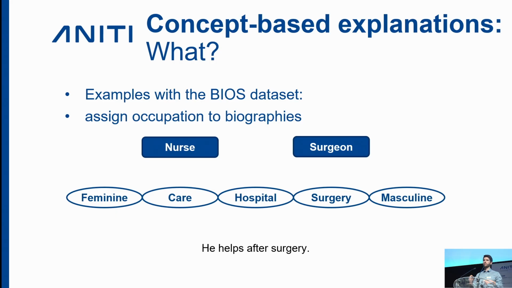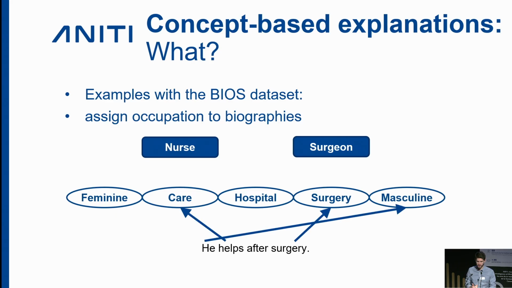By that I mean if you take a sample, here it helps after surgery. For me, it's a nurse, but for the model, because it sees the concept of care, but mainly surgery and masculine, it made 2 versus 1, so it predicts surgeon. And thus we can understand the model failure cases with such explanations.